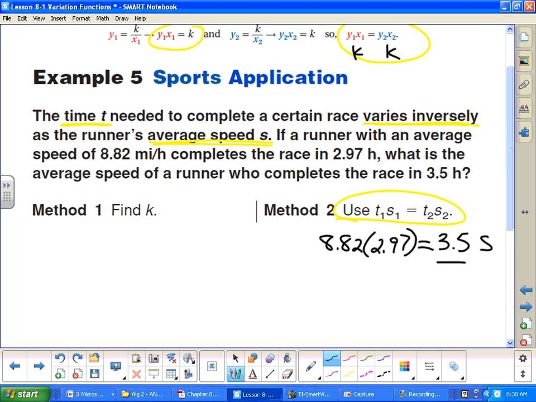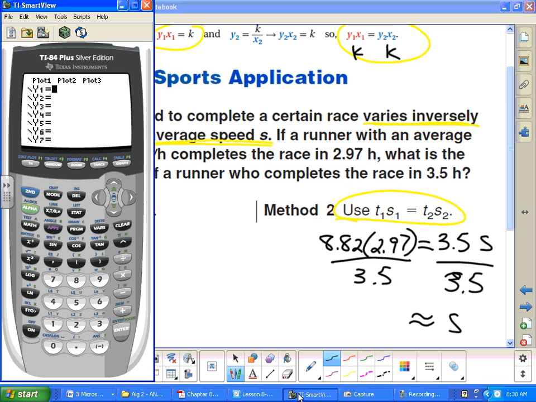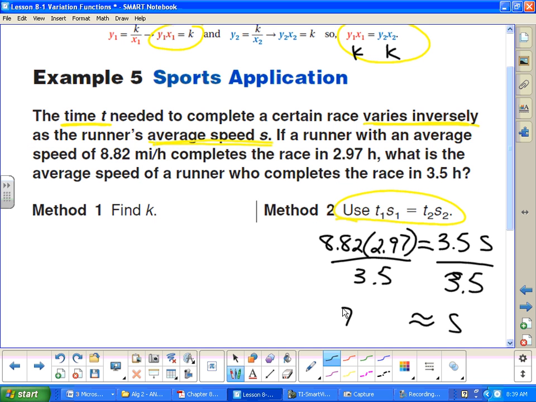And that's just a matter of dividing. So their time is approximately 7.48.